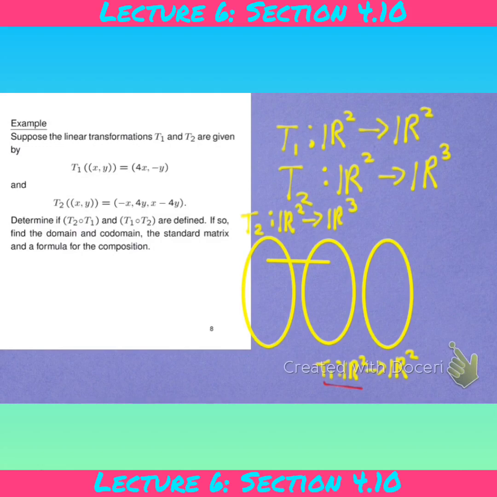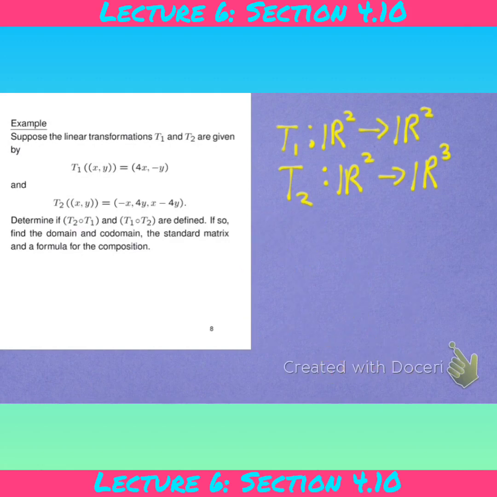The codomain of T2 is R3, and T1 doesn't act on any points in R3. So T1 can definitely not map a point in R3, so that is not going to happen.